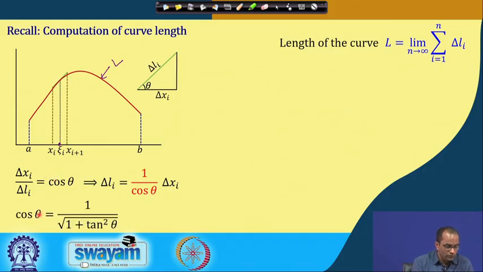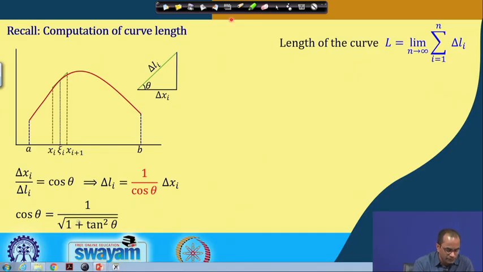Now for this cos theta, from the trigonometric identity we have cos theta equal to 1 over the square root of 1 plus tan square theta. This is nothing but cos theta, because we can write 1 plus tan square theta as the square root of 1 plus sin square theta over cos square theta.